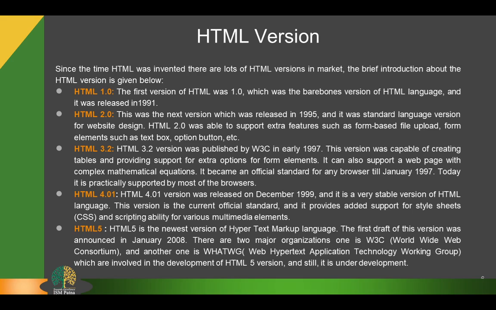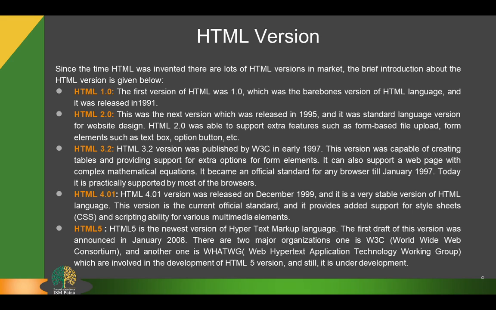HTML 2.0 was able to support extra features such as form-based file upload, and form elements such as text box, option buttons, etc. Here a term was introduced, that is form. What is a form? A form is a control of an HTML page which interacts with the user of the web page.